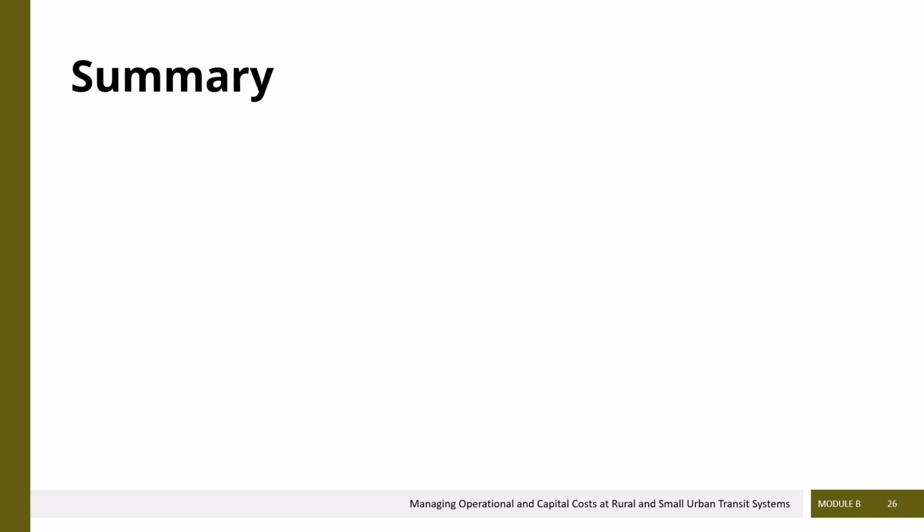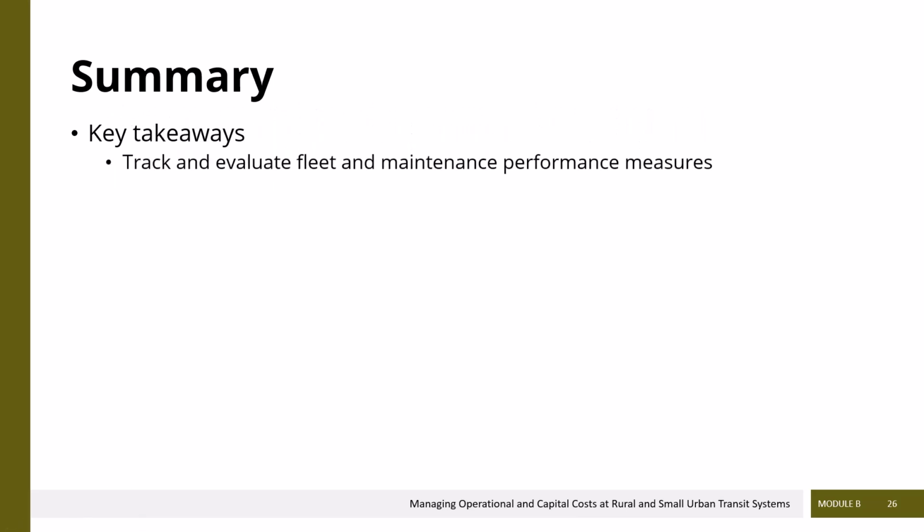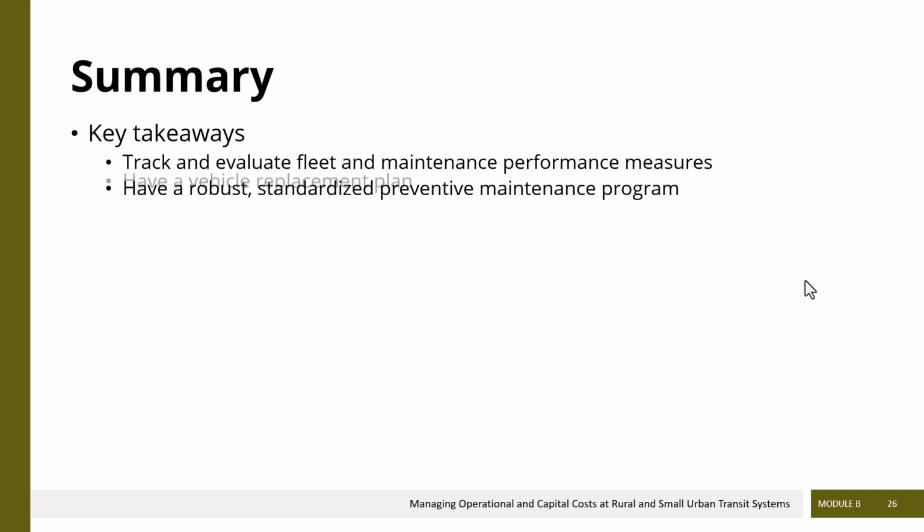Okay, here's the key takeaways from this video. First, track and evaluate fleet and maintenance performance measures as a way to improve maintenance cost efficiency. Have a standardized, robust preventive maintenance program tied to benchmarks, knowing when you need to do all of your PMs, and make sure that it follows manufacturer recommendations and incorporates your local context.